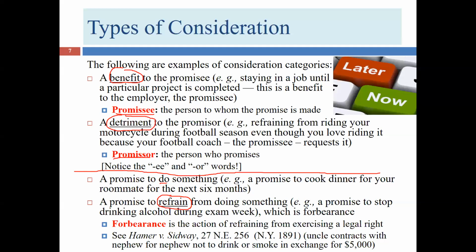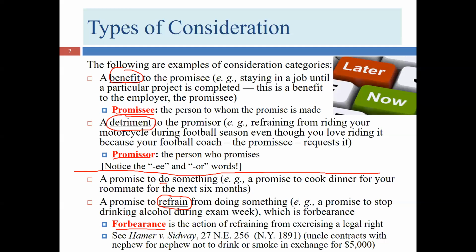So that's probably the more common, but you can also have forbearance. And that's what a promise to refrain from doing something is, forbearance, when I forbear to do something. For example, giving up chewing bubblegum. That would be an act of forbearance. Or promising not to drive my car after 9 p.m. at night, whatever the particular thing is.